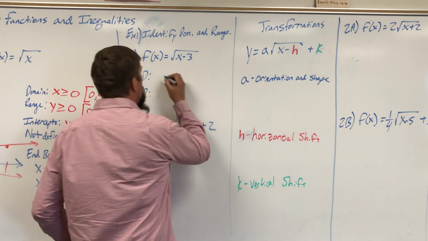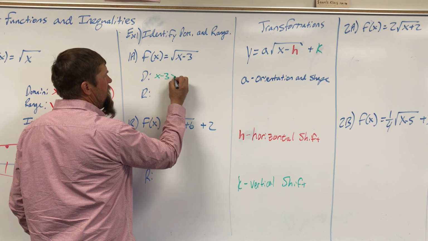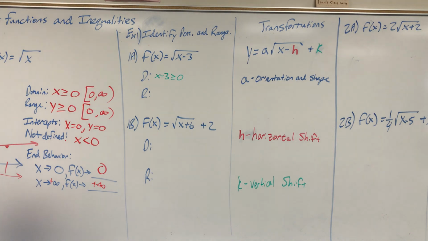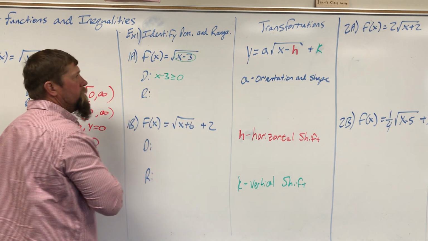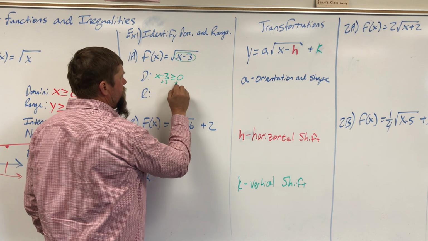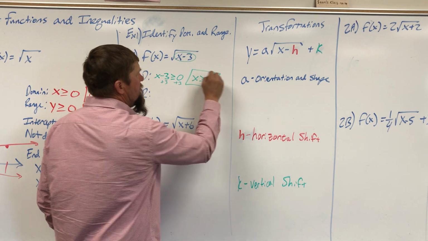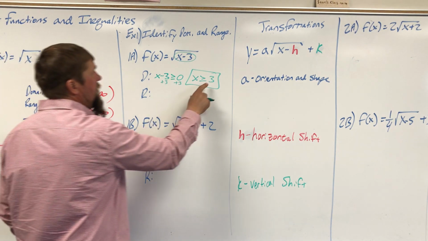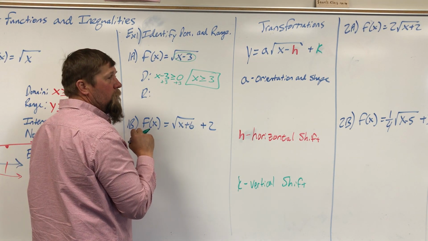So in other words, with your domain, x minus 3 has to be greater than or equal to 0. So if I solve for it, x has to be greater than or equal to 3. So that is my domain. X has to be greater than or equal to 3, otherwise whatever's underneath the radical sign will be negative.